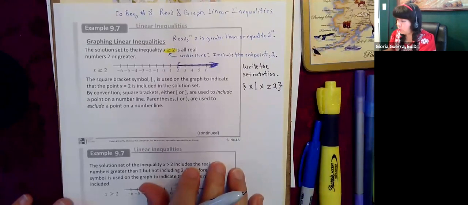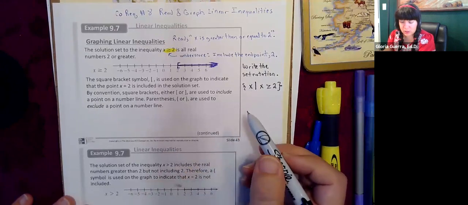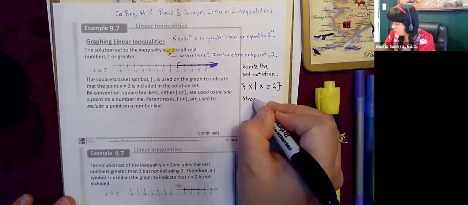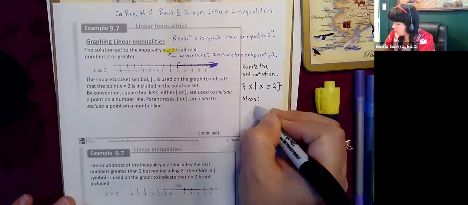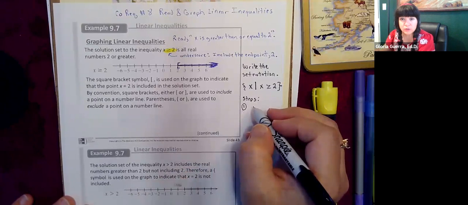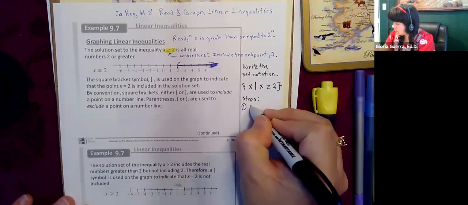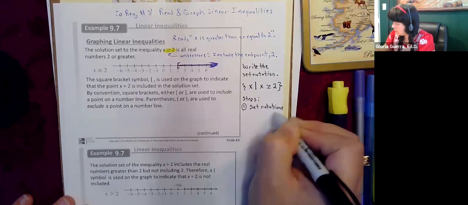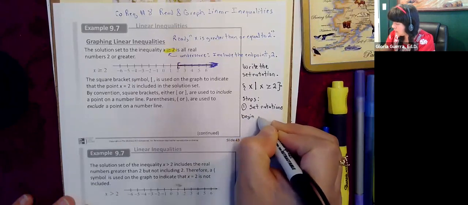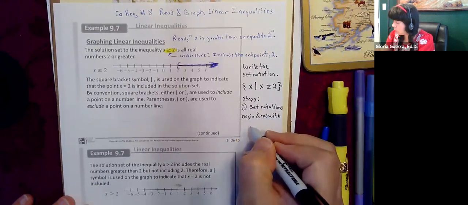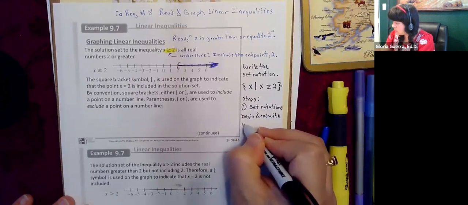Okay. So when you're asked to write a set notation, the first thing we say is that all set notations begin and end with curly braces.